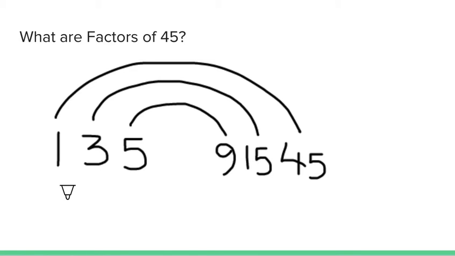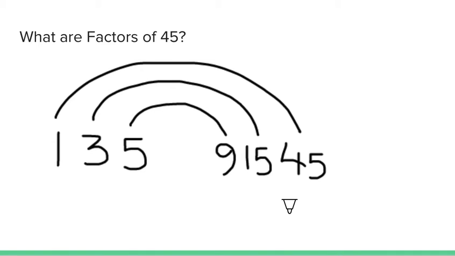You can do this with pretty much any number. Most numbers are going to have more than two factors, but there are some numbers that don't have many factors, and in fact some numbers only have 1 and itself as factors.